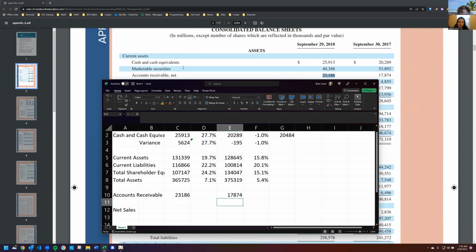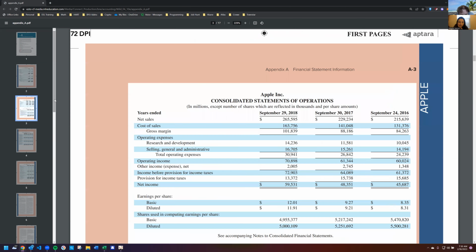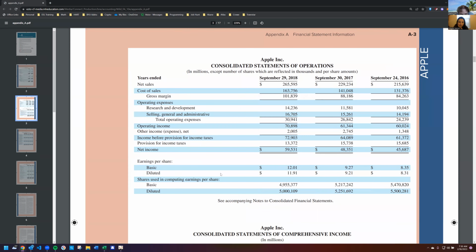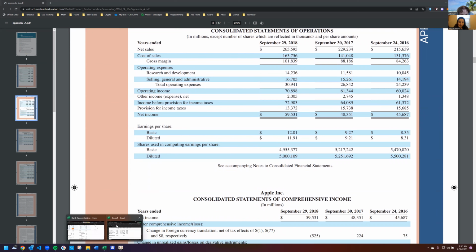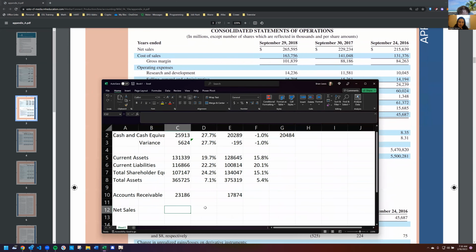Okay, that's the starting point. Now let's go over to our income statement, net sales. Net sales is 265,595 and 229,234. Now let's do the magic.